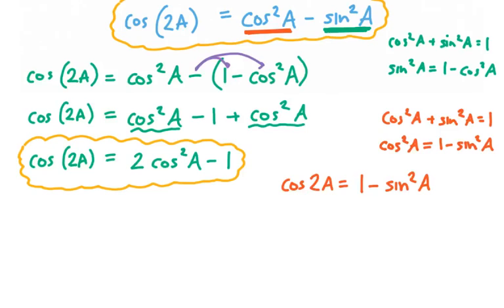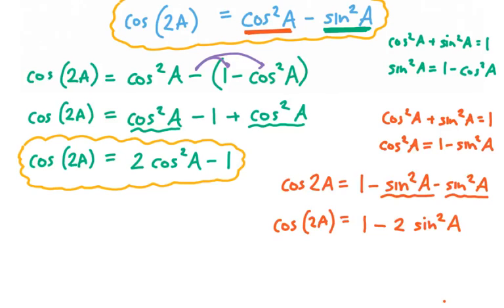So I'll say minus sine squared. And then if we do a little bit of cleaning up, we'll notice that we have a negative sine squared and another negative sine squared, which combines to just a negative 2 sine squared.